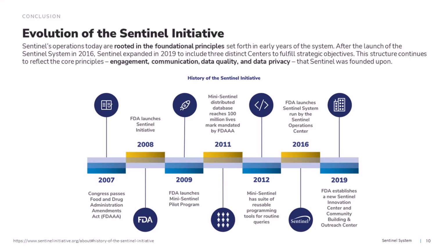Now that we have reviewed the FDAAA mandates for an active post-market surveillance system, the engagements that led to the foundational principles of Sentinel, and the details of the 5 principles, let's take a look at how Sentinel has evolved over the years. As highlighted previously, once Congress passed FDAAA in 2007, the Sentinel Initiative was launched in 2008, and a series of engagements were conducted to inform approaches to Sentinel's development.